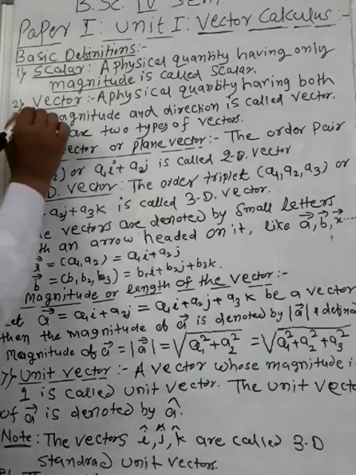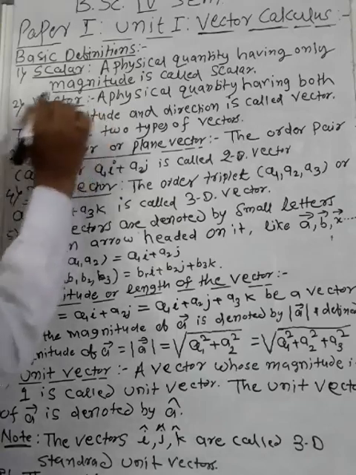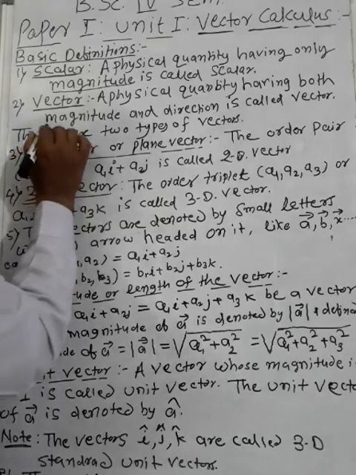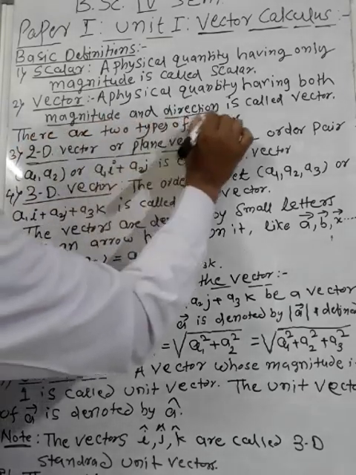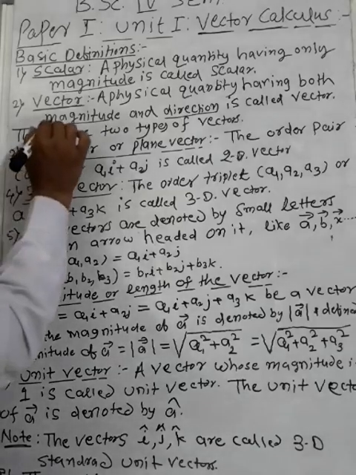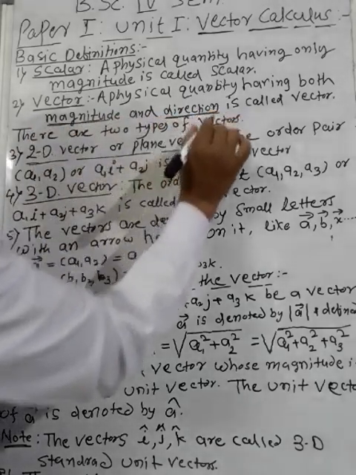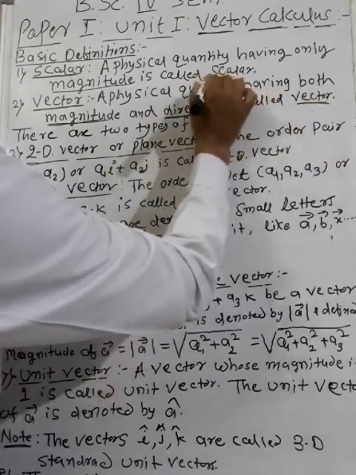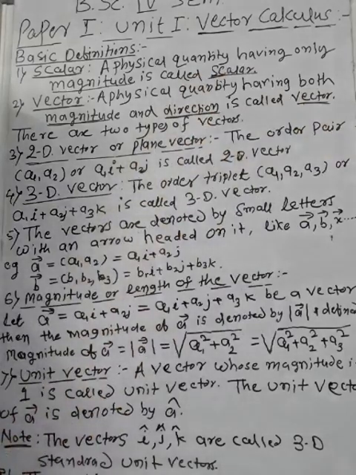Then the definition of a vector: a vector is also a physical quantity which has both magnitude as well as direction. Hence a quantity having both magnitude as well as direction is always called a vector.